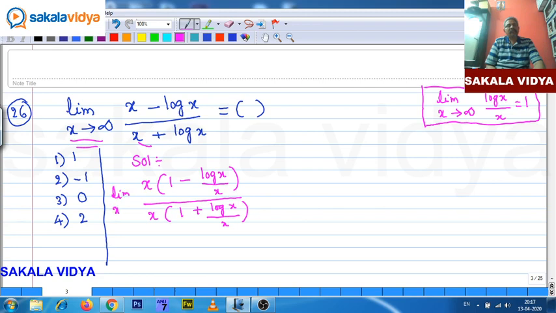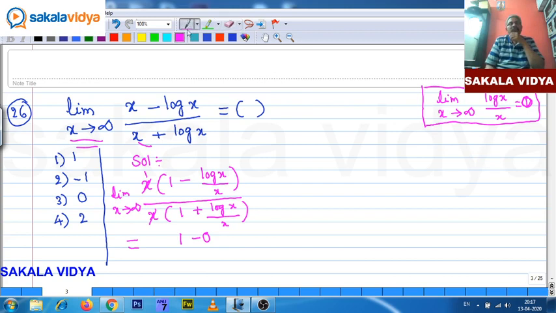Limit x extends to infinity. Here x gets cancelled. So this equals 1 minus limit of log x by x. Log x differentiation is 1 by x, this will be 1 by x, which tends to 0, you remember this is 0.